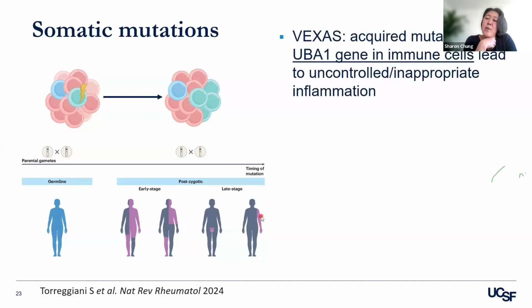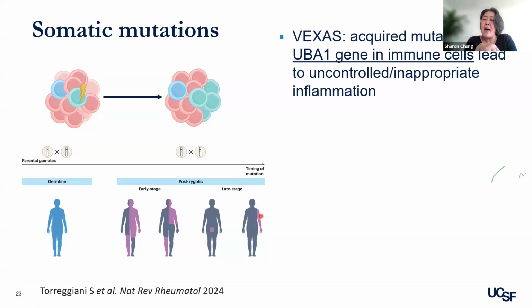In VEXAS, these patients have acquired mutations in the UBA1 gene in immune cells. So this mutation has occurred specifically in immune cells, such that these immune cells still persist, and it leads to uncontrolled or inappropriate inflammation.